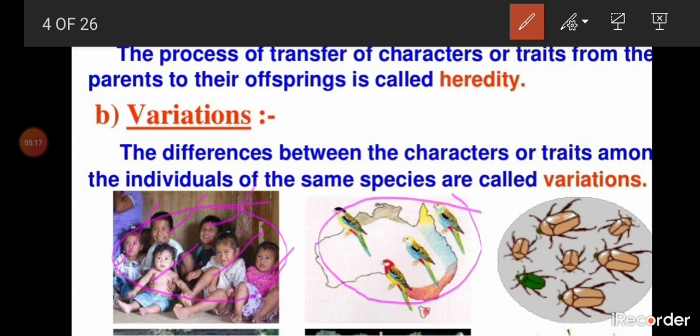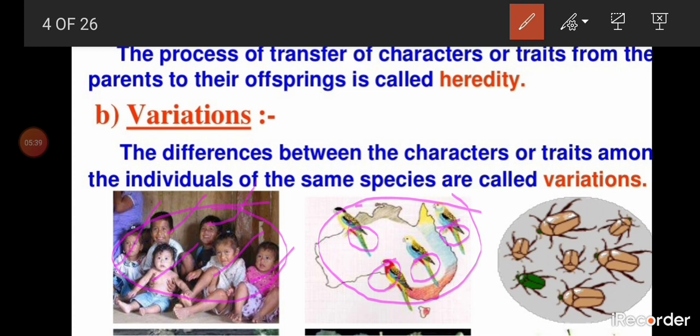Now look at this bird example. All those birds come under the same species, but we can see phenotypically, meaning externally, some differences. Here the feather color is red, here the head color is red, here also some difference. So we can see variations among individuals of the same species.